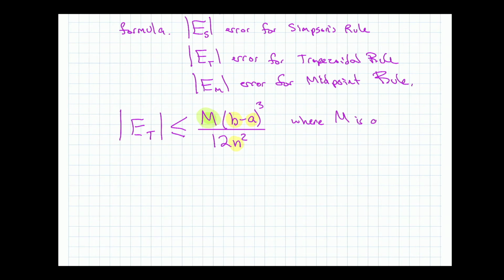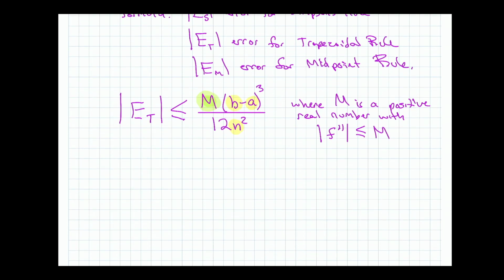M is just a positive real number with this property: the second derivative of f, the function you're integrating, has to be less than or equal to M for x in [a, b].